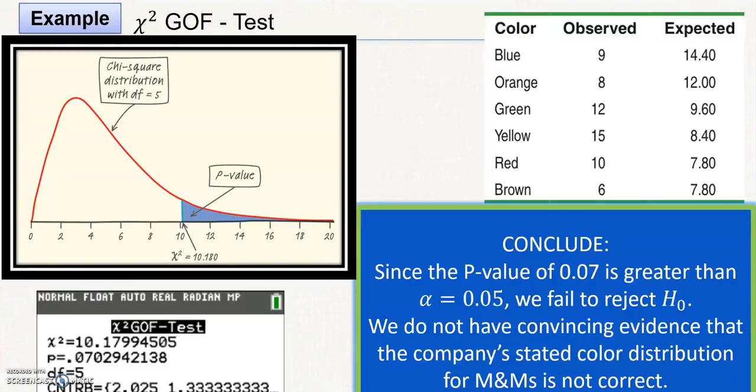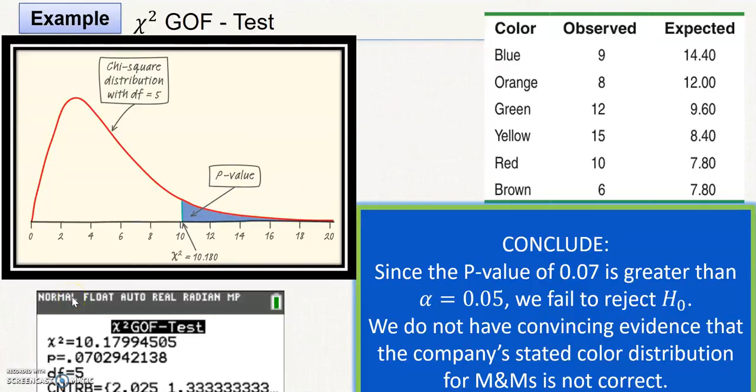This particular graph here is a chi-square distribution with a degree of freedom of 5. You notice our p-value here is in the tail. Now, as your degrees of freedom increase, your distribution will become less skewed, so it will even out a little bit, but it's still going to be skewed to the right.